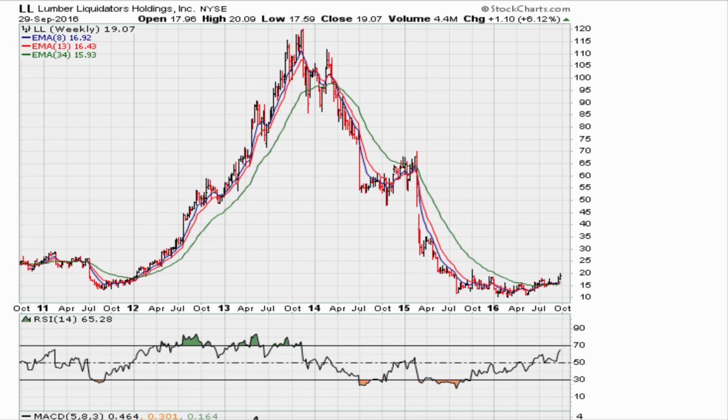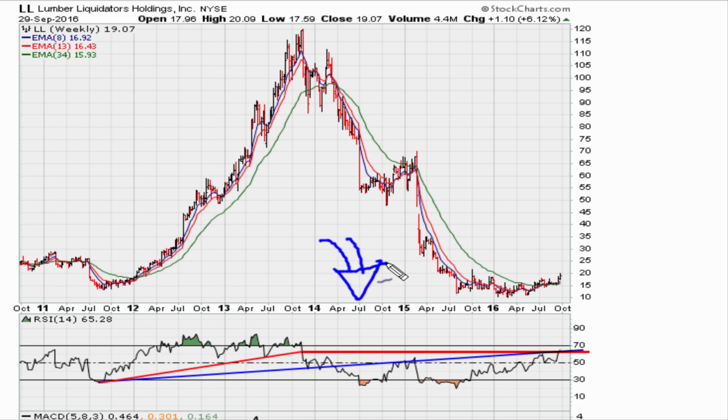So until we see that, we can assume that those two lines, line number one and of course line number two, going back to the previous break, are going to put some type of a ceiling on the stock's ambition to move higher. As long as the market confirms resistance on those two lines, then obviously the next meaningful swing trade for this instrument is going to have to be down.